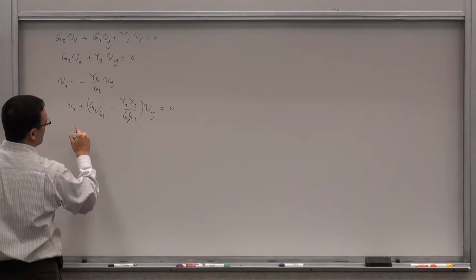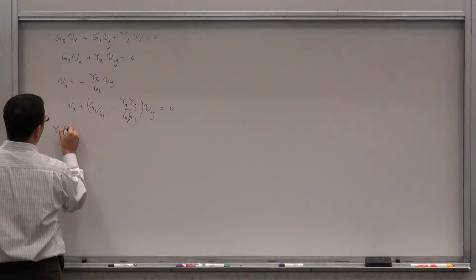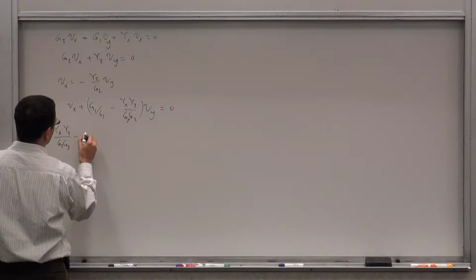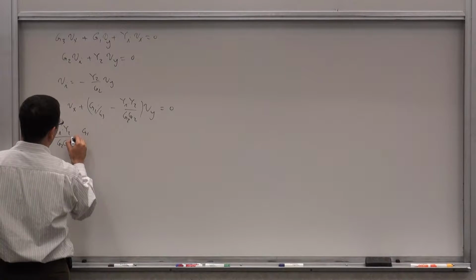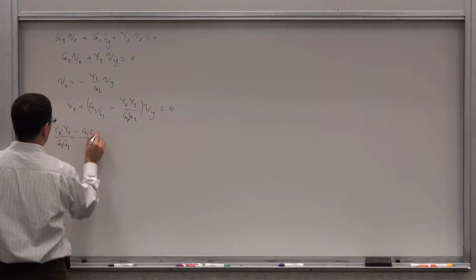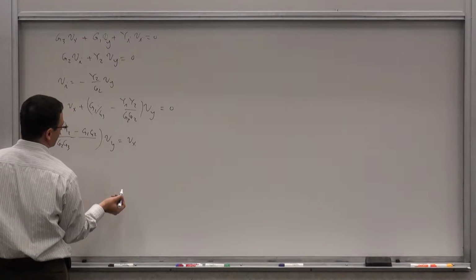And then move it to the other side. So you get Y1 Y2 over G2 G3 minus G1 G2. Vy is Vx.